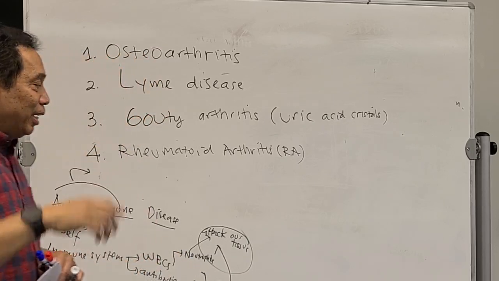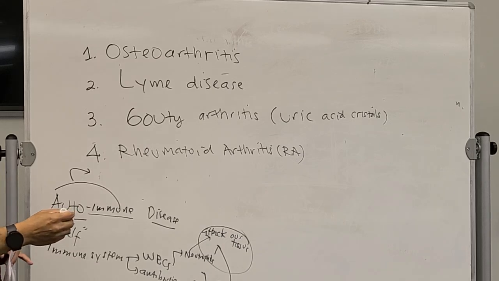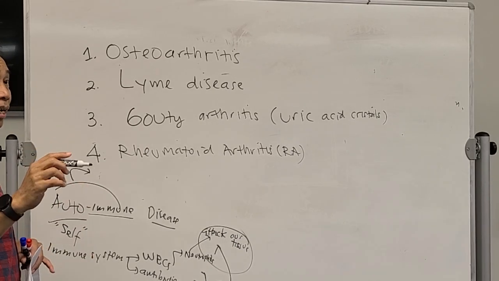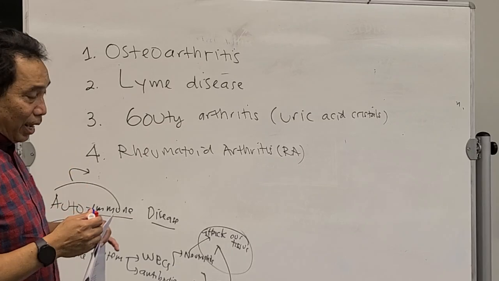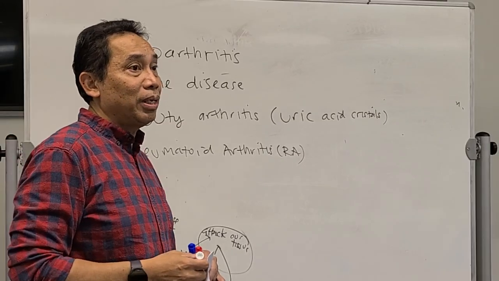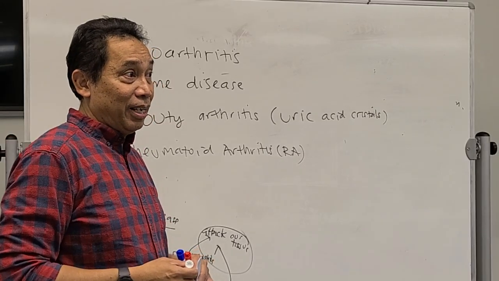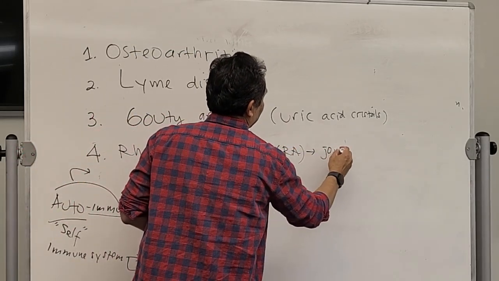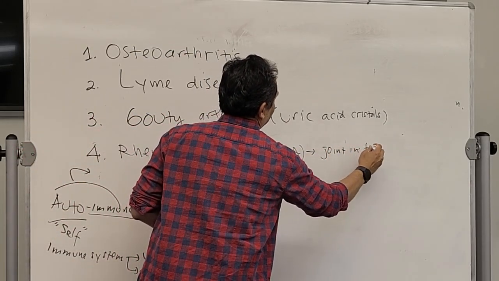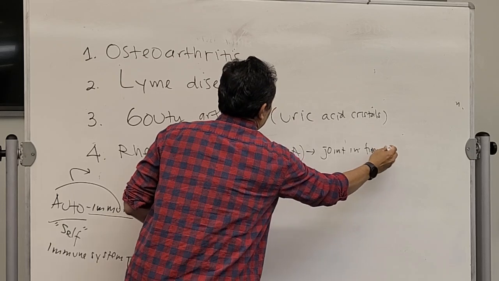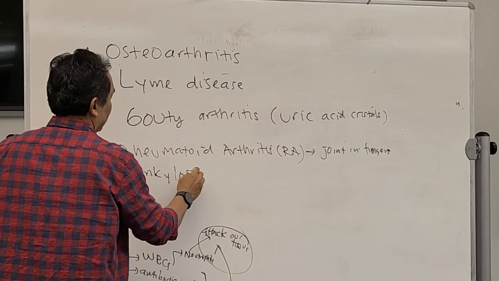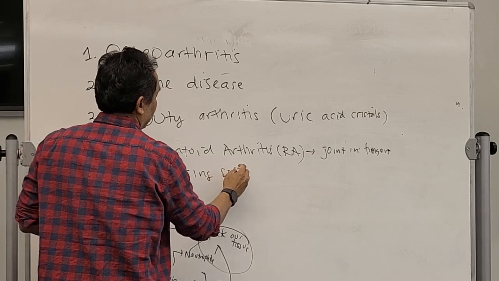And if it is attacking the backbone, most of you wrote that one, which is called ankylosing spondylitis. That's this one, joint in finger, ankylosing spondylitis.